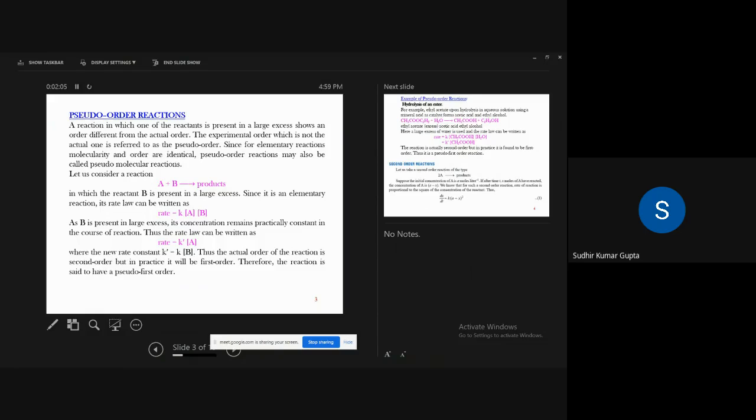Practically it appears to be a first order reaction, so this is called pseudo first order. The reactant whose concentration is very high changes relatively very little, so we drop it.